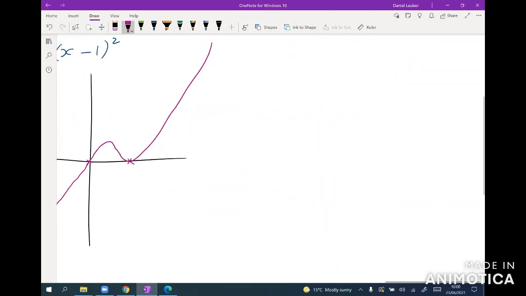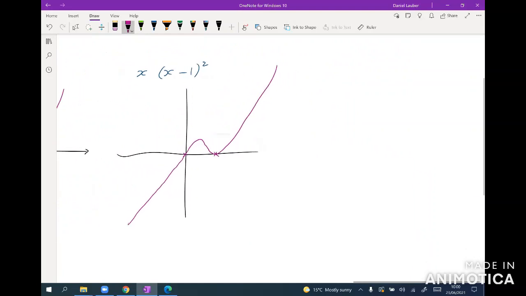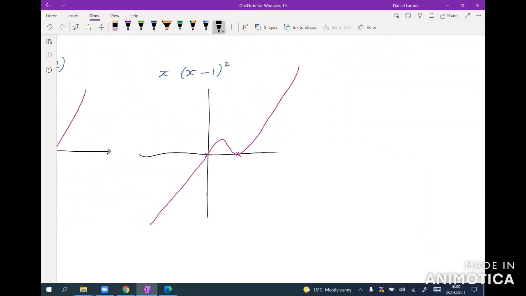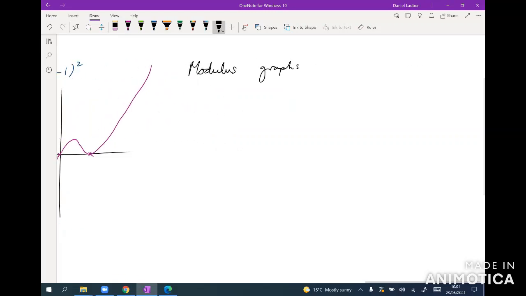Okay, and then the final type of graph, perhaps the most useful and the least used in terms of materials I've seen, are modulus graphs. Now, I'm very surprised that they're not used very much, because they really do just solve modulus questions, especially the hard ones, very easily. And they're not very hard to sketch.